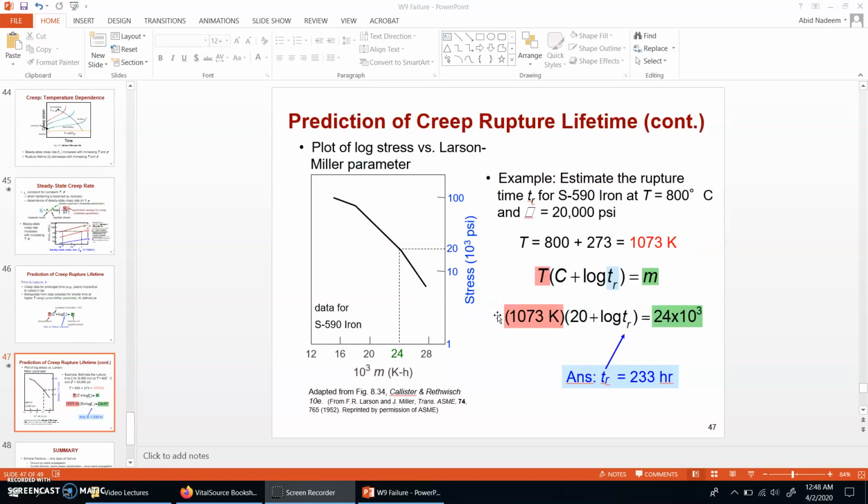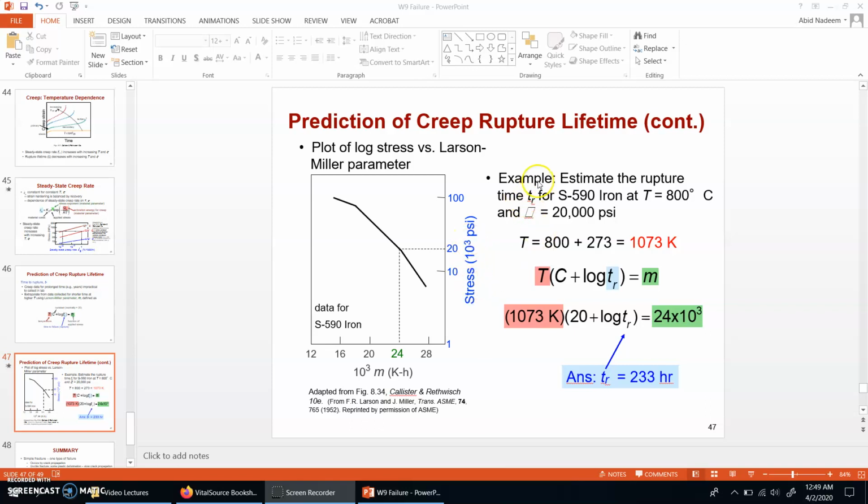So as an example, we can have this example. Suppose we have a plot of the logarithm of the stresses versus the Larsen-Miller parameter. On the horizontal axis we have the Larsen-Miller parameter. On the vertical axis we have the stress in terms of the logarithm of the stresses.